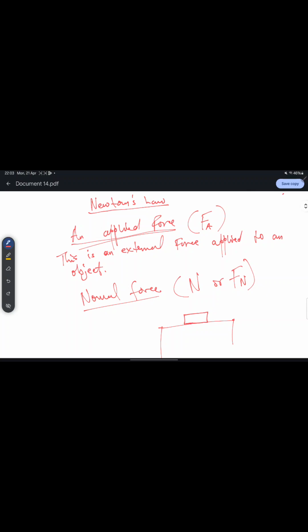There's a force that is preventing this book from falling, which is applied by the surface of the table on the book. That is the normal force. It's a force exerted by the surface, and it is perpendicular to the surface. So you consider those two important notes. Maybe you might be asked to define the term normal force.